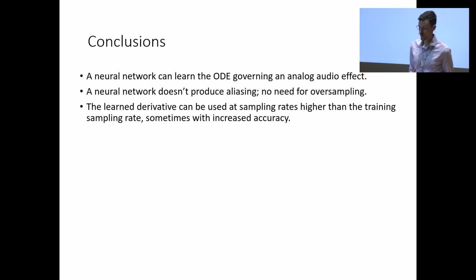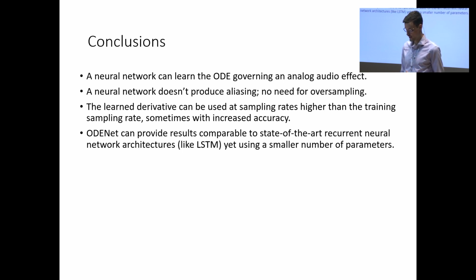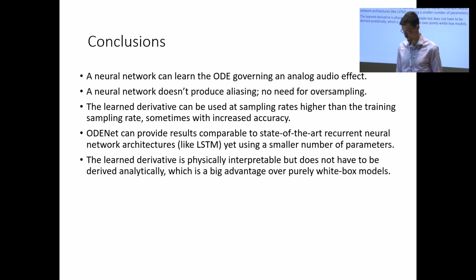Then we also showed that if we increase the sampling rate, our model is still valid, which is not always the case for neural network-based models, but it can actually increase its accuracy after the training. And then we also showed that we can provide results that are comparable to established successful architectures, but we can do so using fewer parameters.